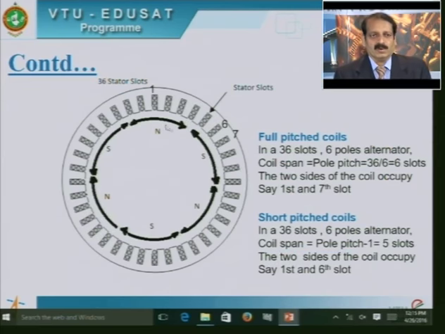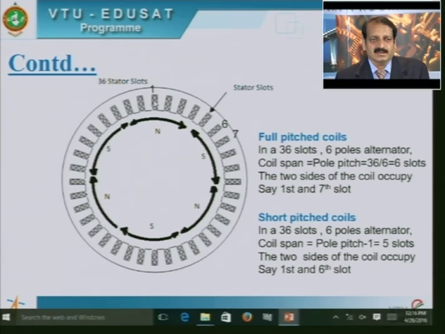Now, what exactly are the full pitch coil and short pitch coil, and how are the coil sides to be placed in various slots? That is depicted here. Suppose we take the same example, 36 slots, 6 pole alternator. Coil span is equal to pole pitch in the case of full pitch coils, that should be equal to 6 slots.